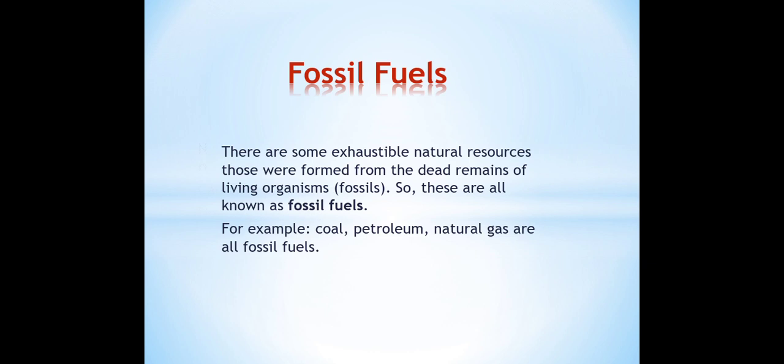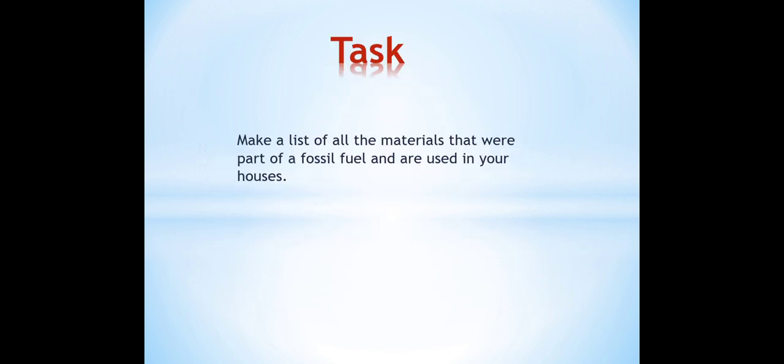Some exhaustible natural resources are formed from the dead remains of living organisms, so they are called fossil fuels. For example, coal, petroleum and natural gas are all fossil fuels, formed from the dead bodies of living organisms.